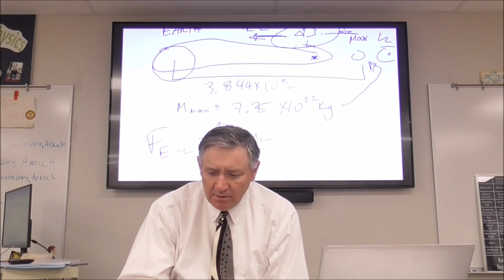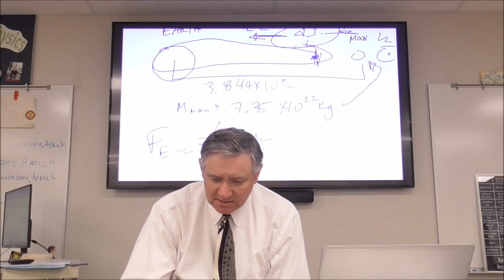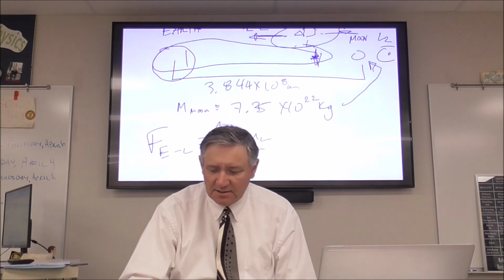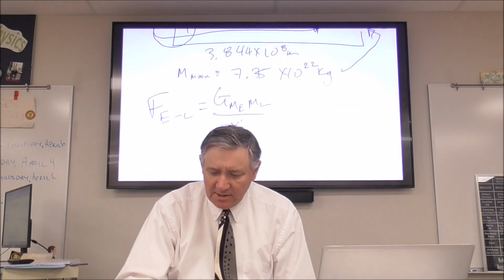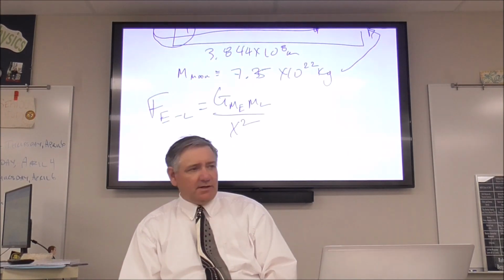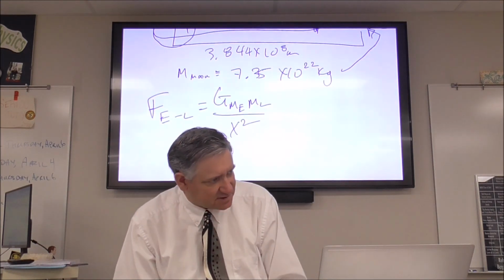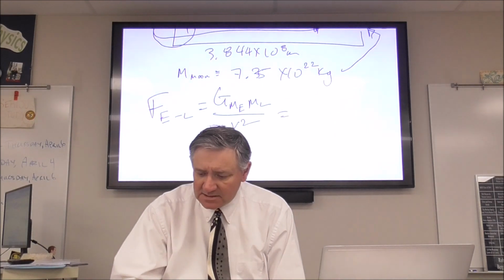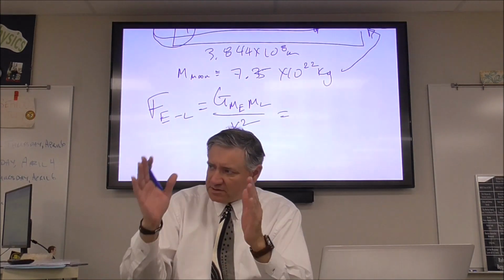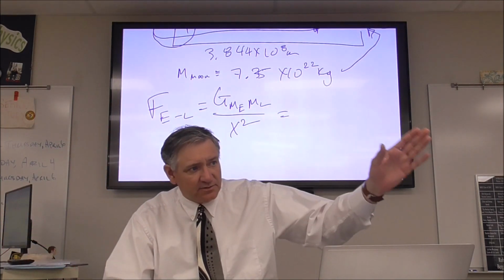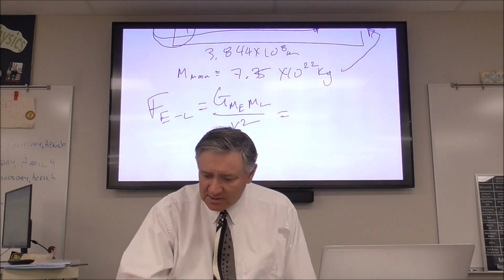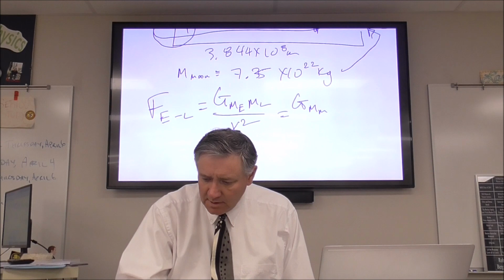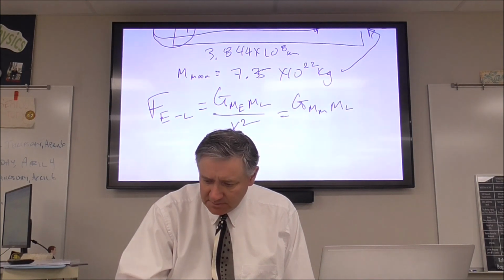I don't know the distance from the Earth to the Lunar Command Module, so I'm just going to let that be x squared, because it's inversely proportional to distance squared. Now, that has to equal the force between the Moon and the Lunar Command Module, which is going to be big G, mass of the Moon, mass of the Lunar Command Module.